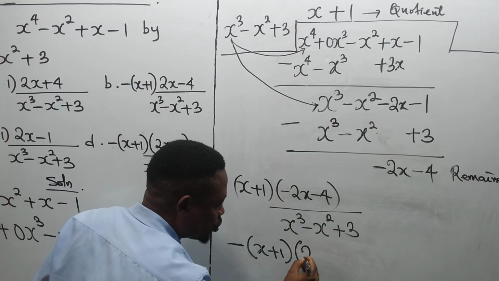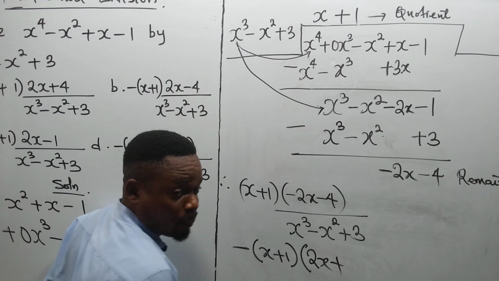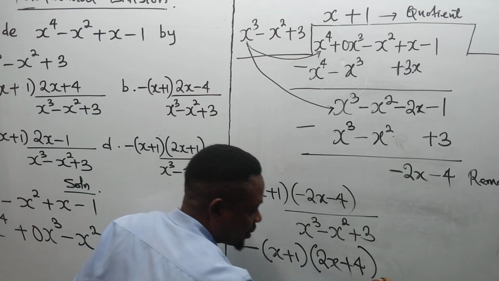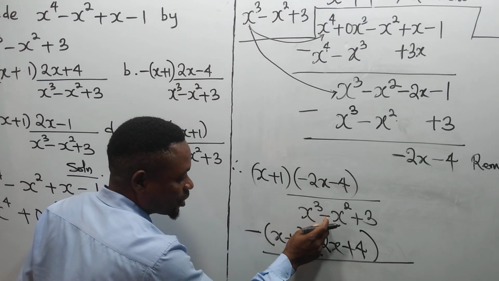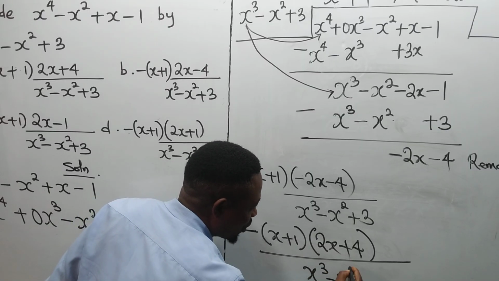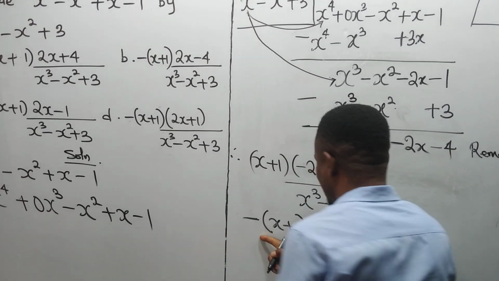What is remaining here is 2x. Then minus will give us plus. So what is remaining here is 4. Close the bracket, then all over the divisor. And what's the divisor? X cubed minus x raised to power 2 plus 3. And that is the final answer. Are you with me now?